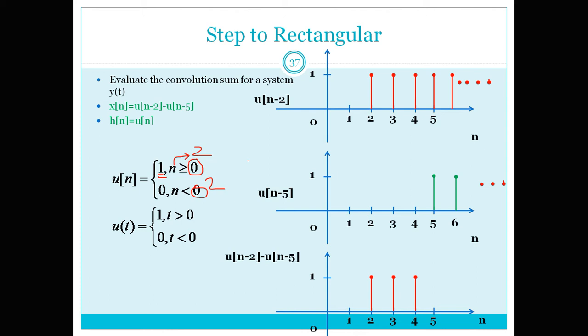x of n is equal to u of n minus 2 minus u of n minus 5. So this is my x of n signal. Now let me move to the procedure directly, as h of n is just u of n. The procedure is I need to find x of k and h of n minus k.